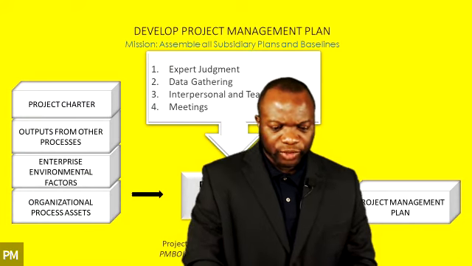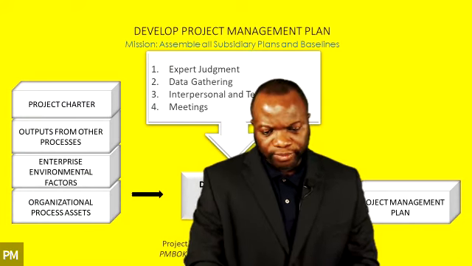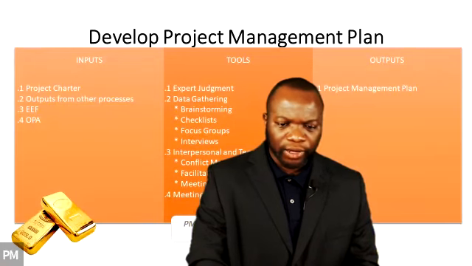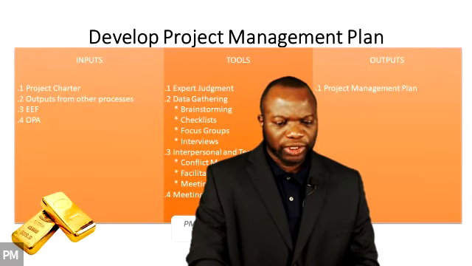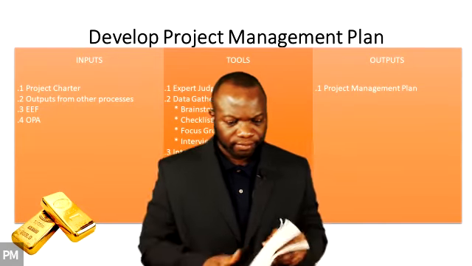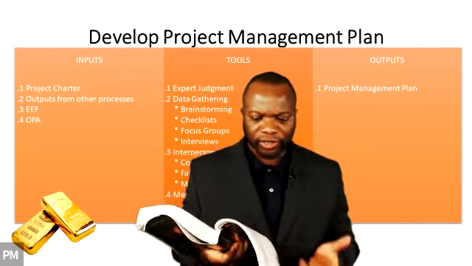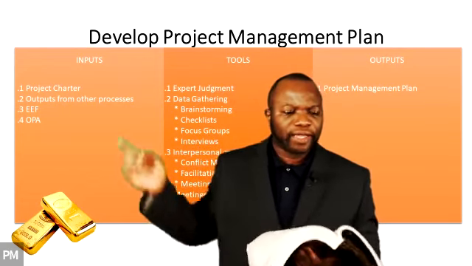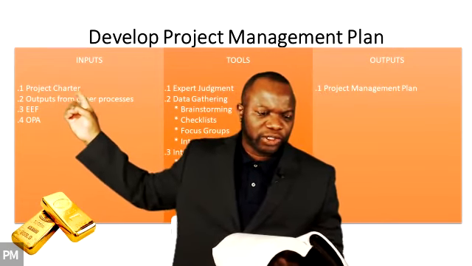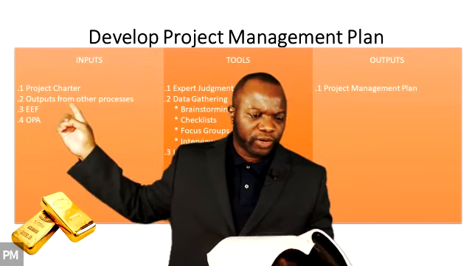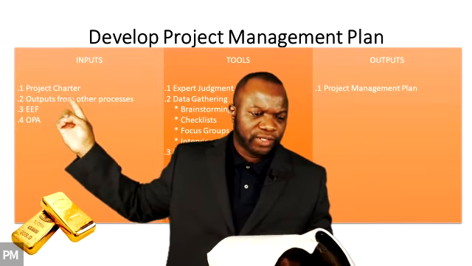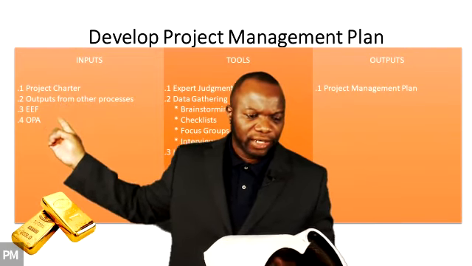There's a difference between the table and the figure. So, bing, here we go. Project management plan. So let's see if there's any difference in the level of detail. Taking a look at the inputs, it's pretty much the same. The project charter, outputs from other processes, which is your subsidiary plans and baselines, EEFs and OPAs.